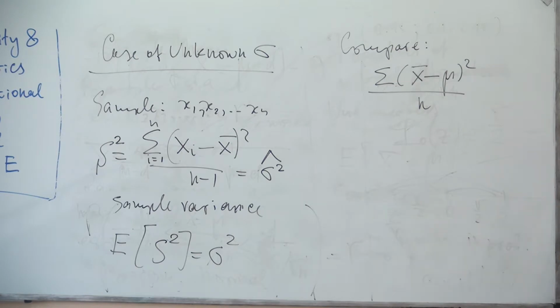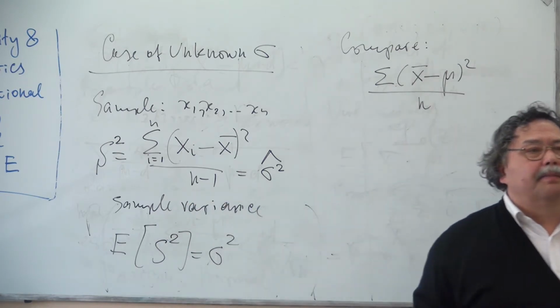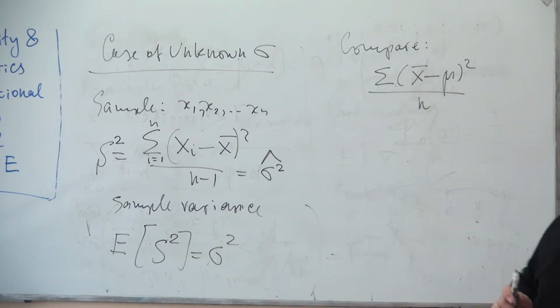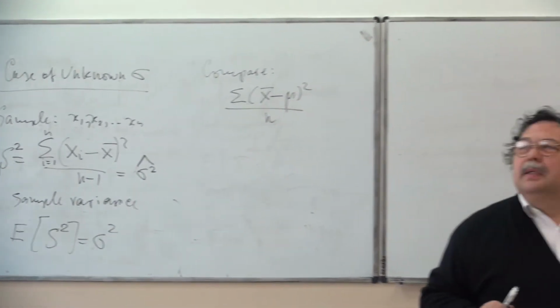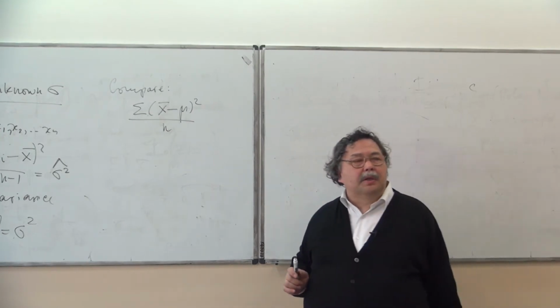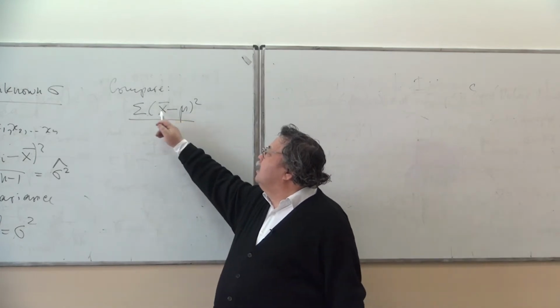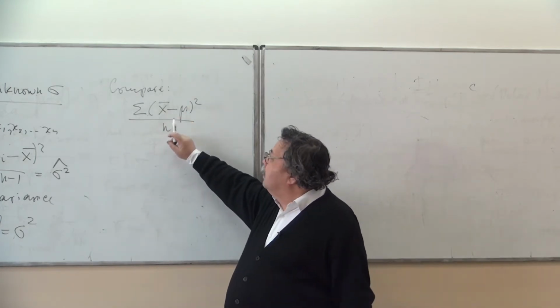Again, let me try to explain why we have a smaller denominator here. What is variance anyway? Variance can be explained to be the expected value of the squared deviation from the mean. This is the deviation from the mean.